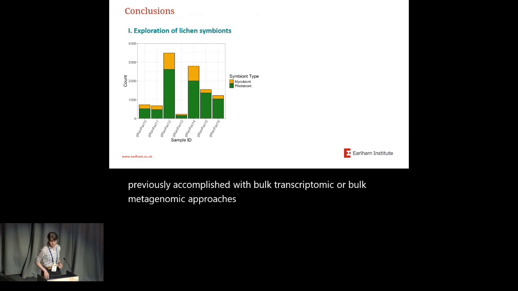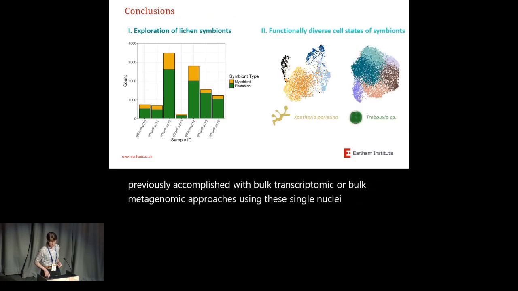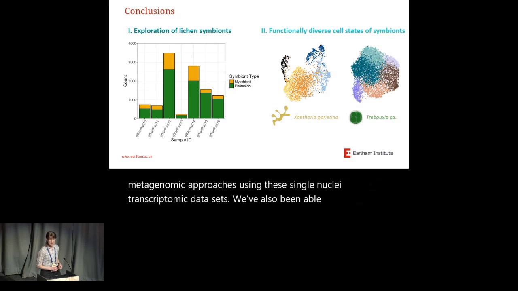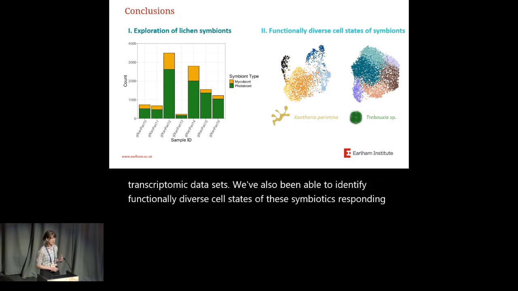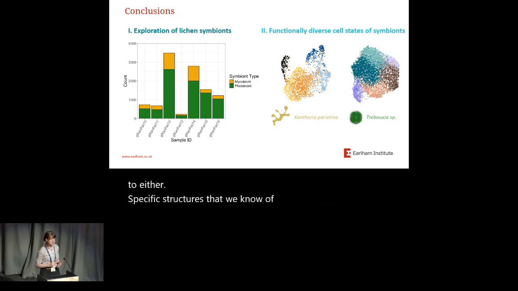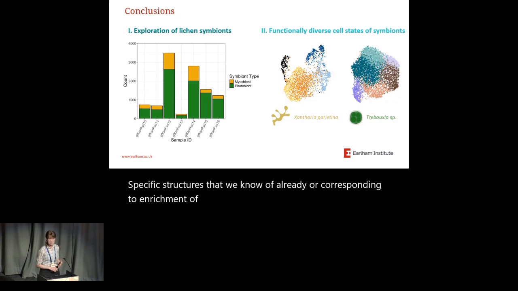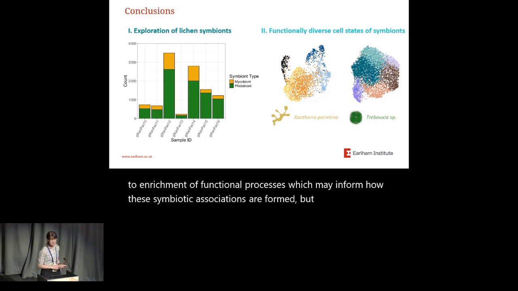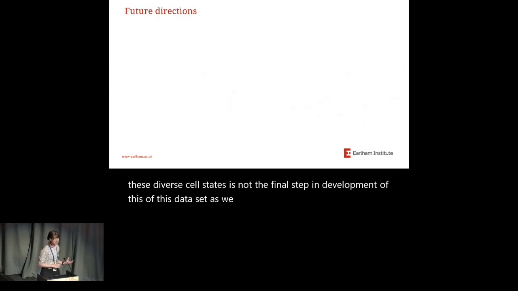Using these single nuclei transcriptomic data sets, we've also been able to identify functionally diverse cell states of these symbionts, either specific structures that we know of already, or corresponding to enrichment of functional processes which may inform how these symbiotic associations are formed. But identification of these diverse cell states is not the final step in development of this data set, as we still have many questions arising now that we've been digging into this deeper.